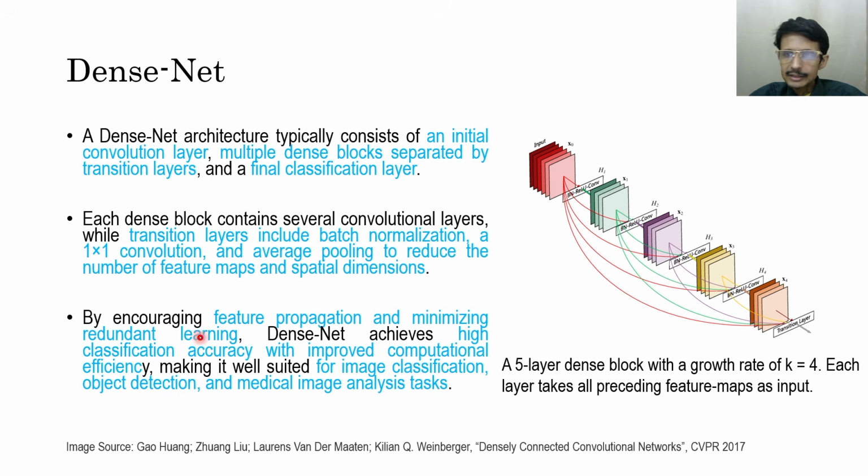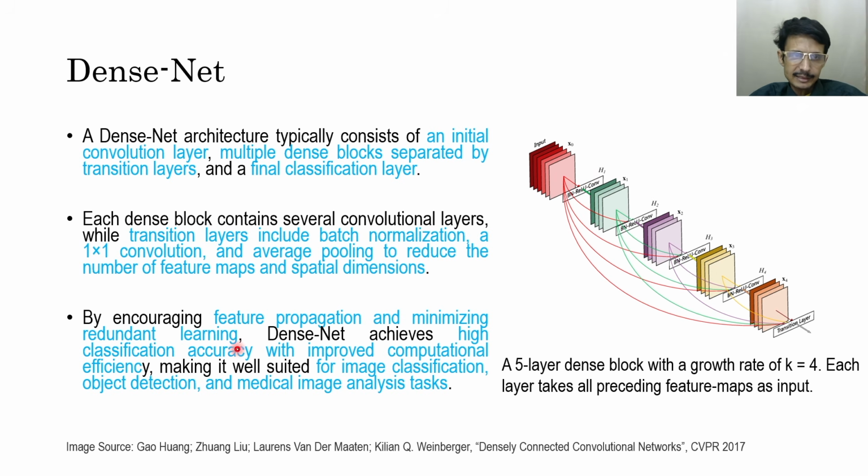By encouraging feature propagation from multiple previous layers and minimizing redundant learning, DenseNet achieves high classification accuracy.